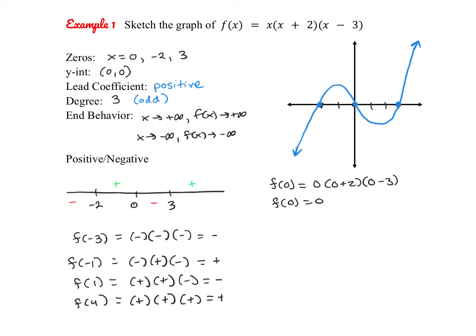If we wanted a more accurate graph, we would need to make a t-chart to find some more values in between, because unless we do a t-chart, we don't really know exactly how high or how low our graph is going. It could end up looking something like this, or it could be something much flatter. It could look like this, right? All three of these graphs would work for all of the characteristics we found.